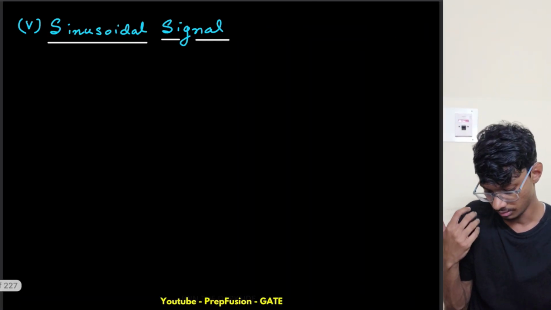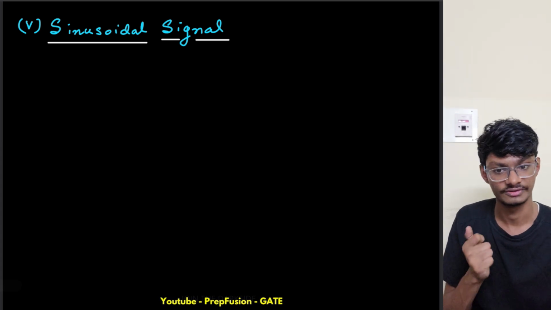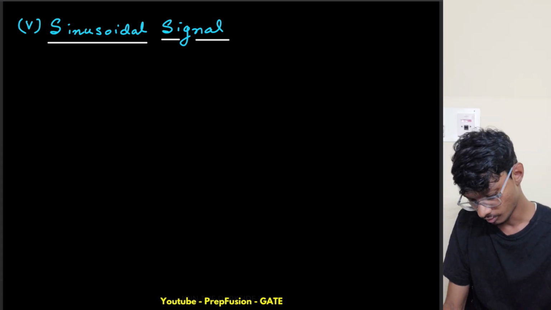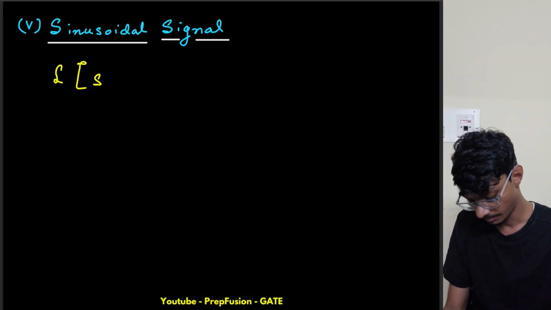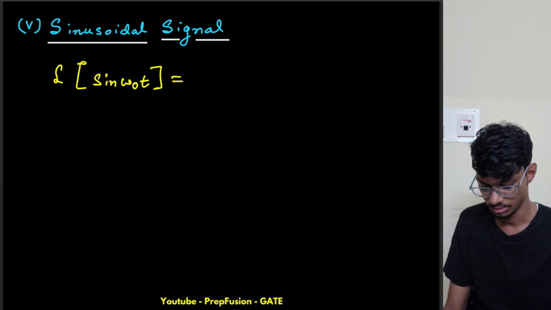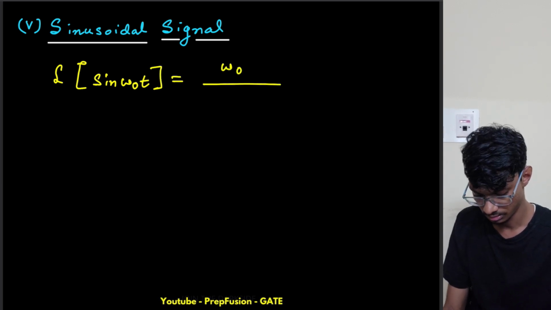Another thing is the sinusoid signal. This is very, very important. I will not prove it to you, but this is all homework for you. The Laplace transform of sine omega naught t is omega naught divided by s square plus omega naught square.